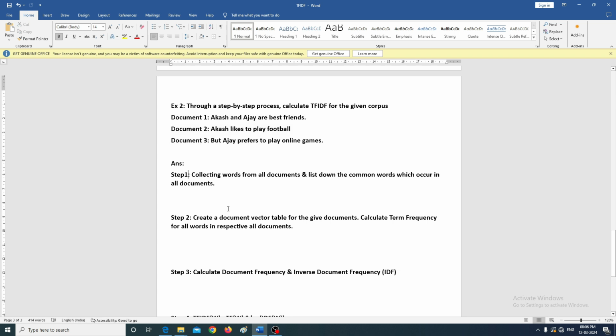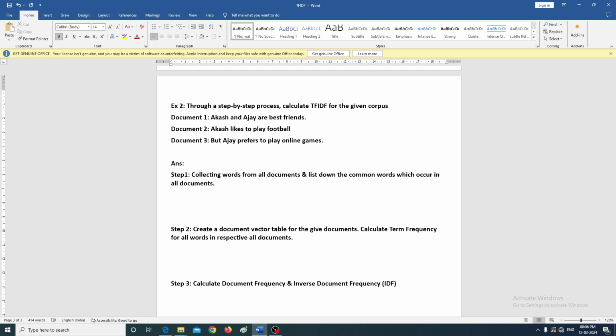So let's start the step by step process of solving TF-IDF for the given corpus. Step 1: we have to list down the common words which are occurring in the three documents. Let's see the first document.